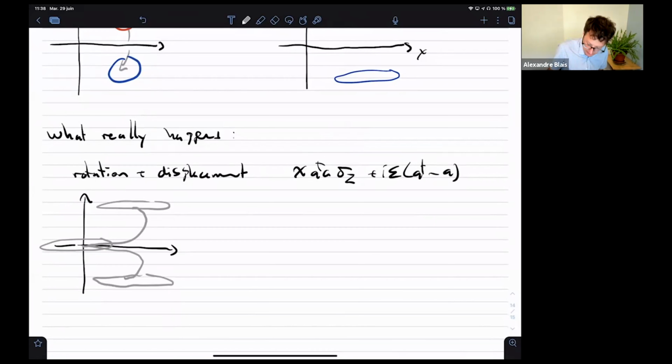But unfortunately, this term, as we said, is a rotation. It rotates the center of the blob, of the coherent state blob. Unfortunately, it also leads to a rotation of the squeezing angle.